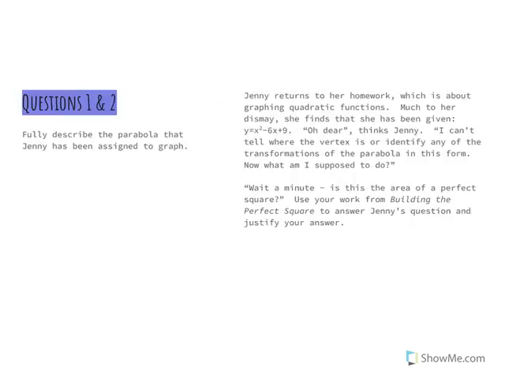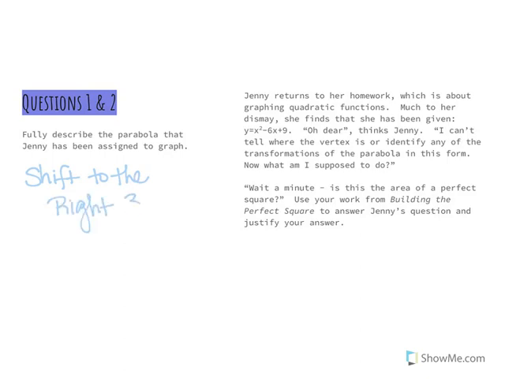So the first thing we want to do here is describe the parabola that Jenny's been assigned to graph. The first thing you should have noticed was that if it was reduced by 3, that would show a shift to the right 3 units.